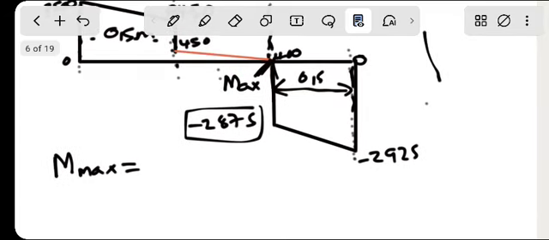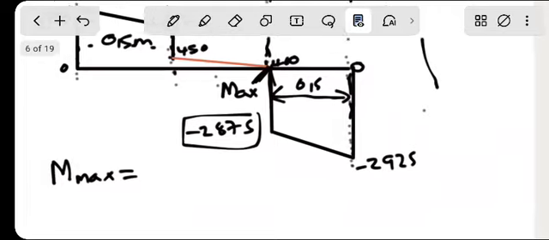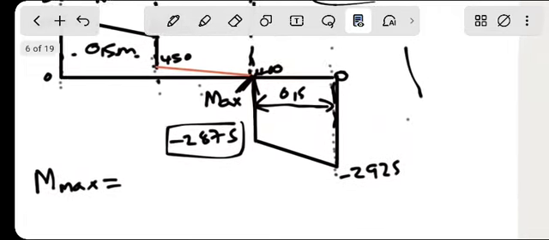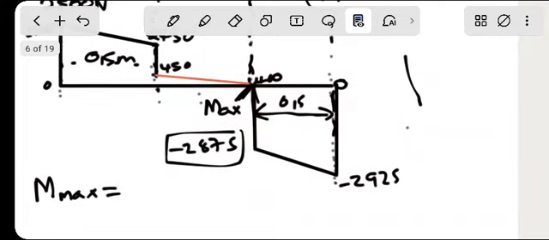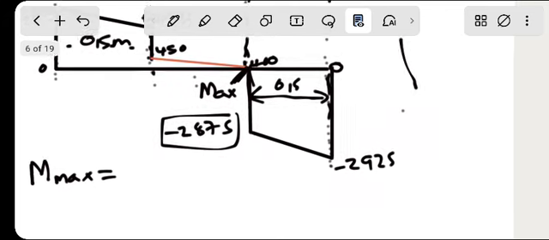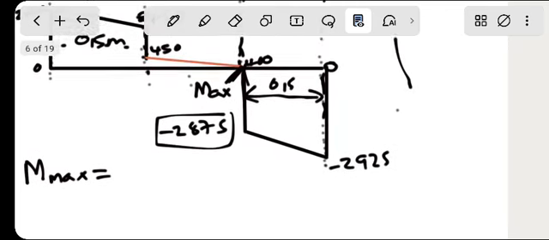You take the moment about the point, considering the force to the right. Take the bending moment about the point closest to where it cuts at 0.